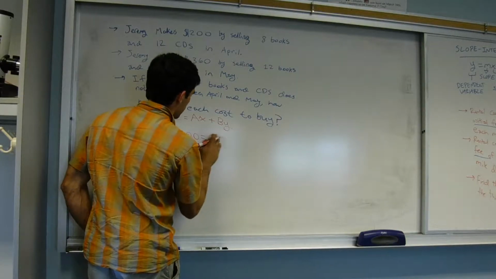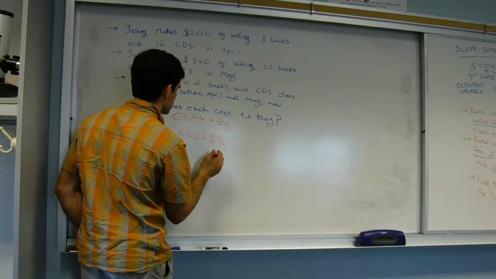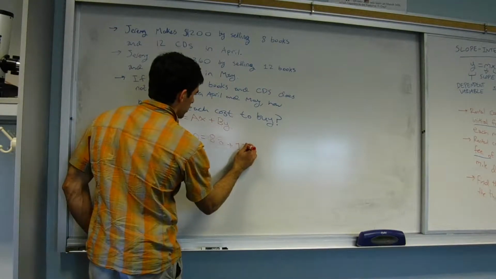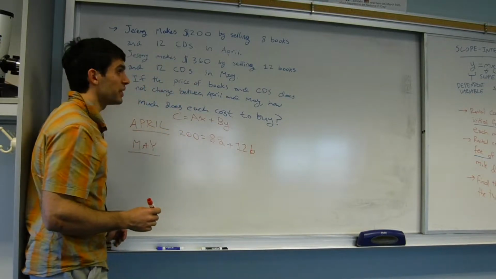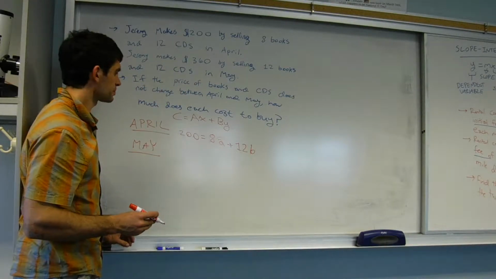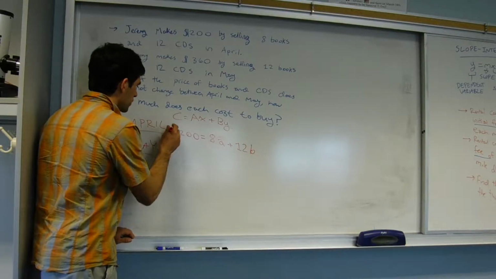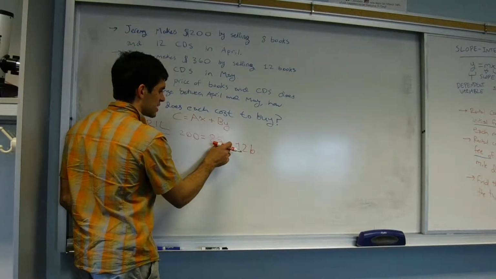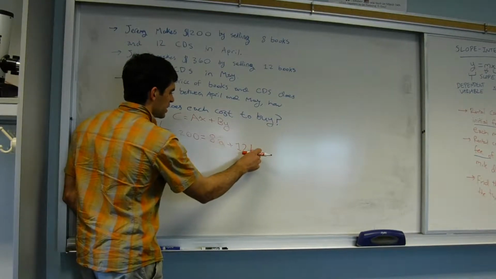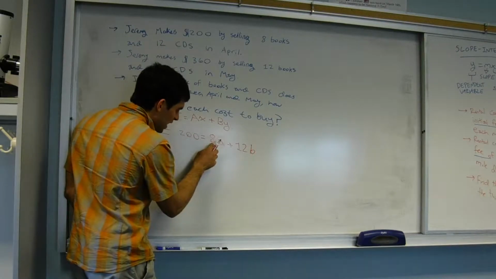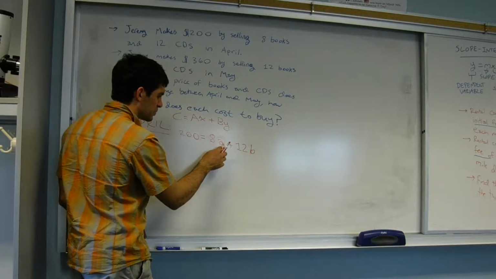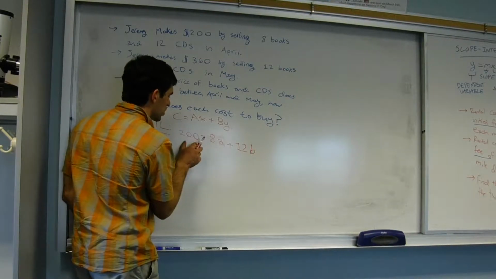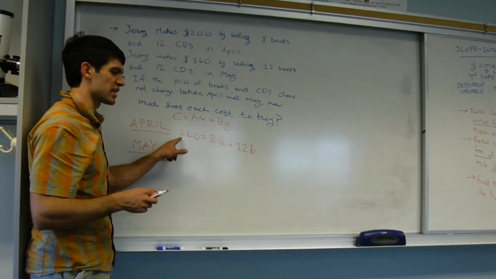So I'll call it 8A, plus 12 times B, where B represents the number of CDs. So this makes sense because each book is going to cost A dollars, and each CD is going to cost B dollars. So 8 multiplied by the cost of each book plus 12 times the cost of each CD is going to equal $200, because we know that's how much money he made.